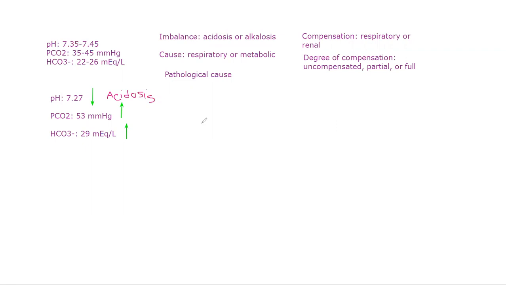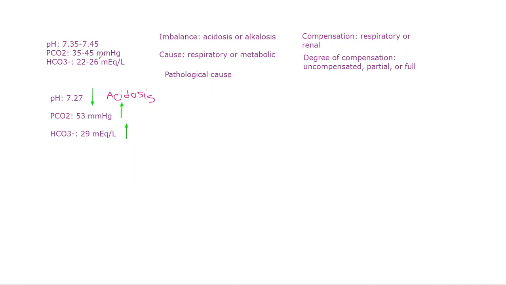Okay, then the next step that we do is take a look at the PCO2 levels. The reason why we look at PCO2 levels is because our breathing rate is the quickest thing that's going to change our pH. And so if we have something wrong with our breathing rate, that will throw us into an acid-base imbalance. So we look at PCO2 levels, we look to see if they are outside of normal range. Well, they are. It's high.